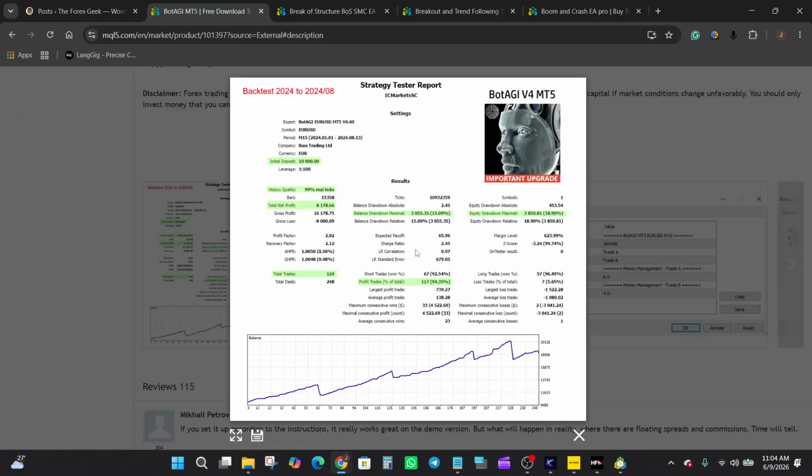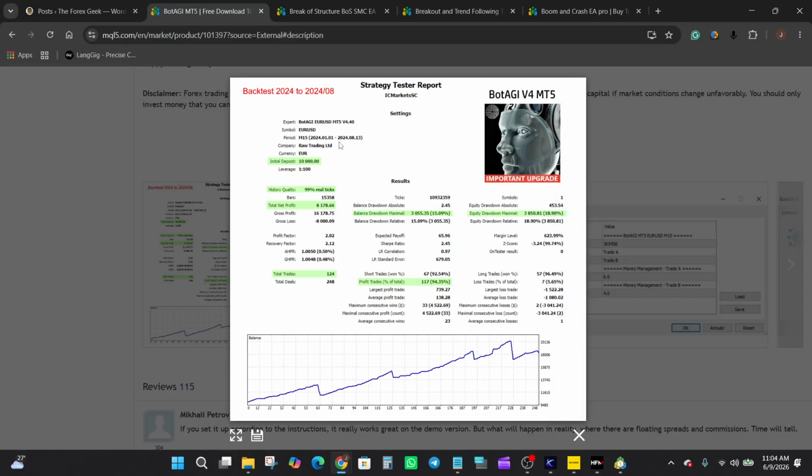From what I can see here, initial deposit is $10,000 and the total net profit was over 81%, 8,178.66 to be precise. The total trades taken were 124, and the short trades were 67 with a 92.54% win rate. Long trades were 57 with 96.49% win rate.